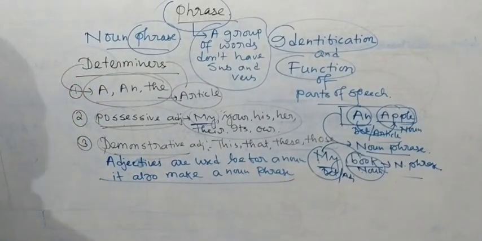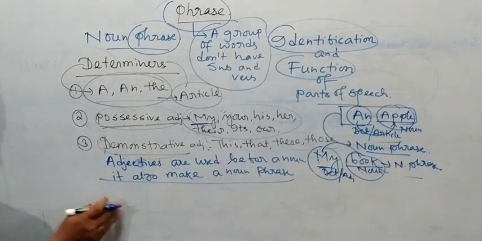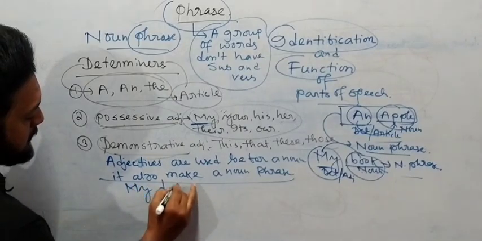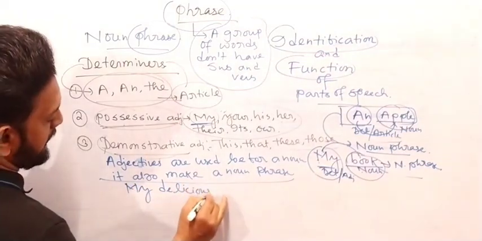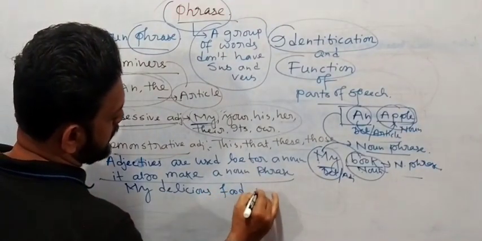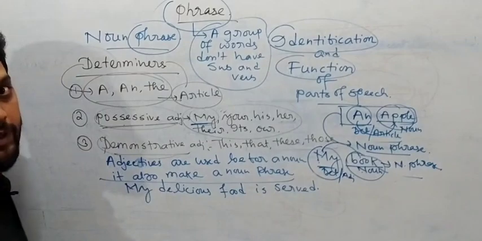Let me discuss it by setting some questions over here. Have you seen? You see, if I write over here, my delicious food is served. My delicious food is served.